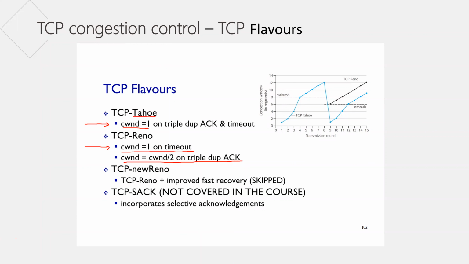For Tahoe, we always go back to 1, no matter whether we lost a packet or had a timeout. But for Reno, we only go back to 1 when a timeout happened. If we lost a packet, we just divide the congestion window by 2 instead of going back to 1. That's the difference. You need to remember it because we will always test it.